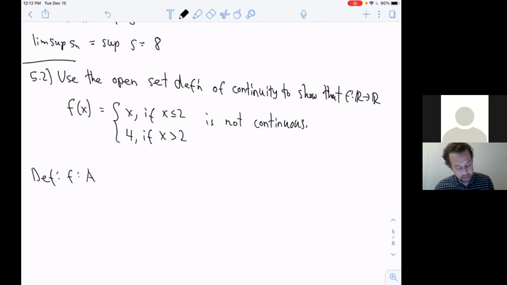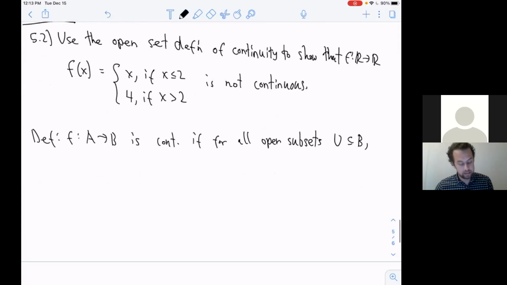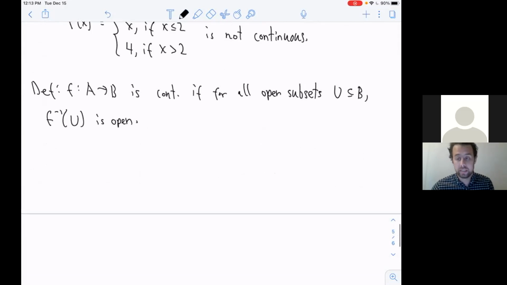No, let's say from A to B. f is continuous if for all open subsets U of B, when we take the inverse image, it's still open. So that's now a subset of A. That's still open. So we're going to contradict that.